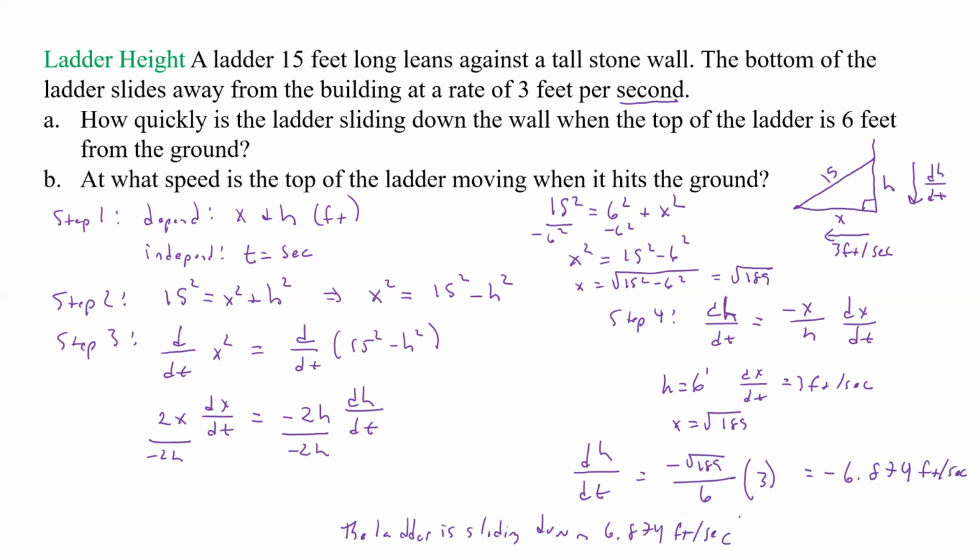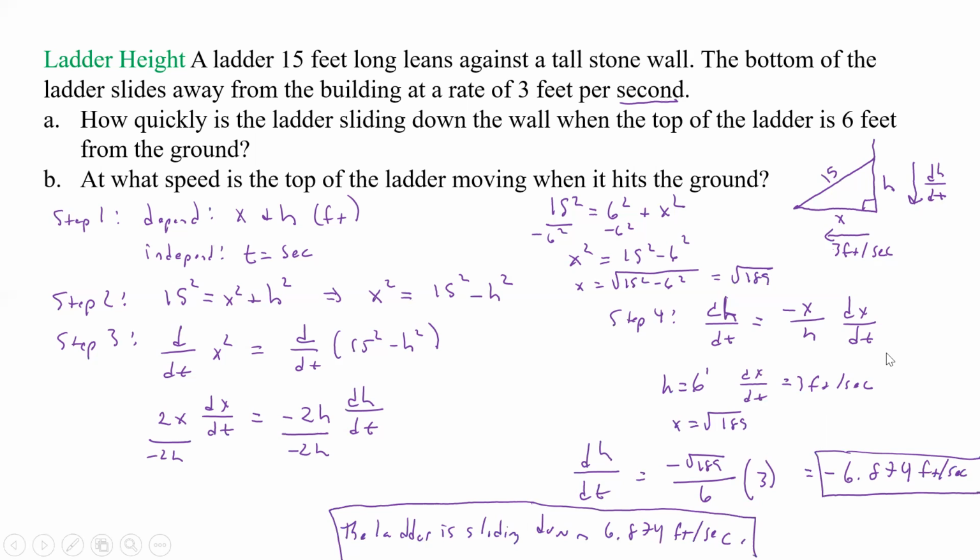So we wouldn't want to put a negative here because if we're sliding down a negative 6.874, that would be meaning it's going up. And so that negative indicates it's going down. And so we can just say it's sliding down that many feet per second. Okay, so that would be our first part, part A. And so if we write it in sentence format, we could say that, or if we wanted it in just the number right off of the equation, that's what it would be.